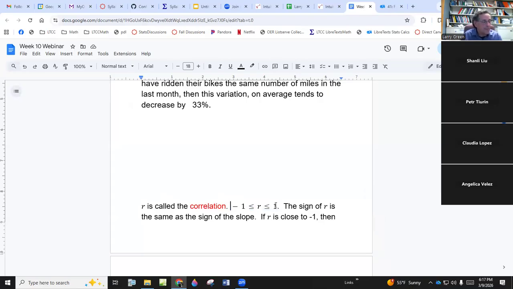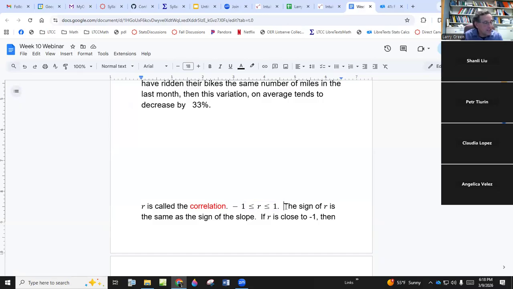Whereas 1 is the highest positive correlation. That means as the first variable goes up, the second variable also tends to go up. If you're right in the middle at 0, then knowing the first variable tells you nothing about the second variable, or it means that the points don't look at all like lying on a line.